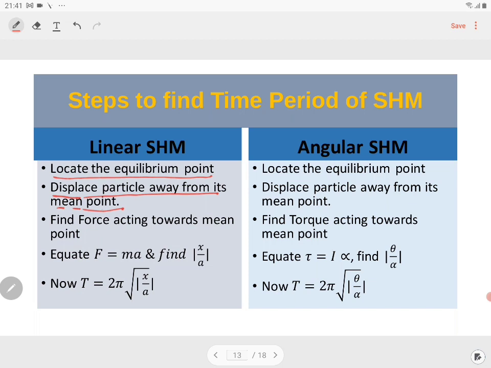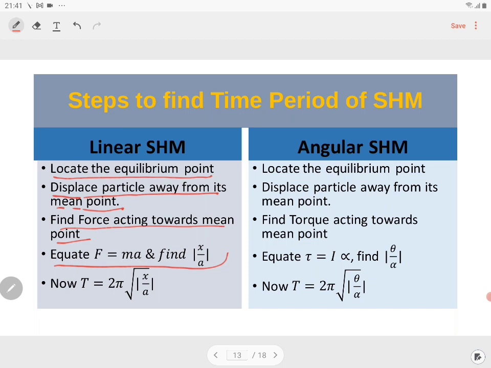In that displaced position, find the force acting on the particle towards the mean point. Always find the force acting on the particle or system towards the mean point. That is the force responsible to make the particle execute SHM.